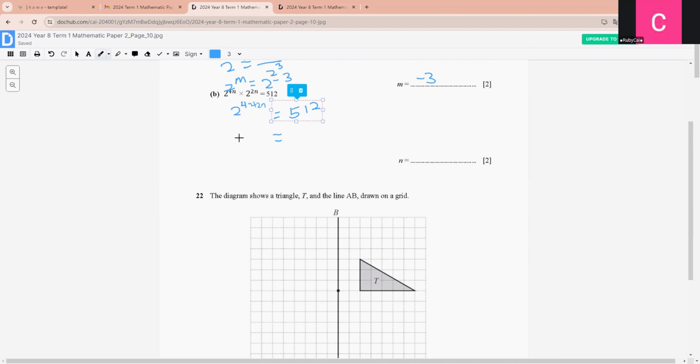And this can also be written as 2 to the power of 6n equals 2 to the power of 9. So 6n equals 9, and n equals 1 over 2.